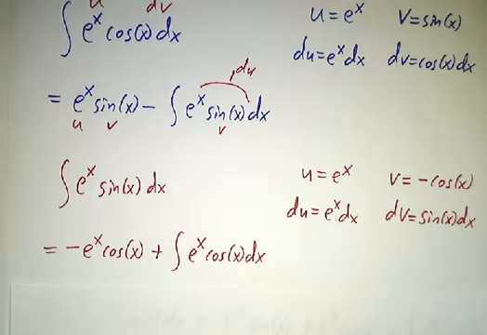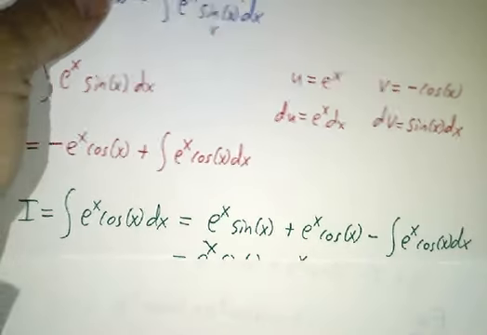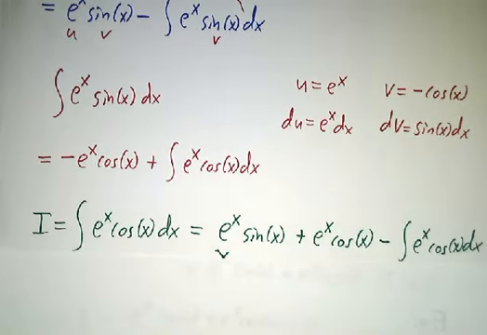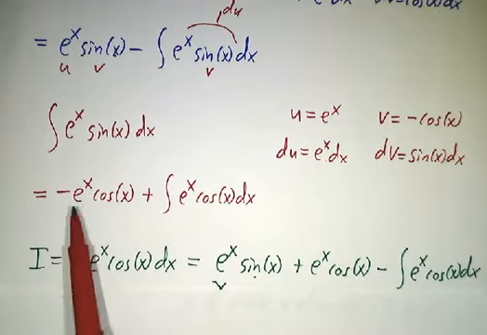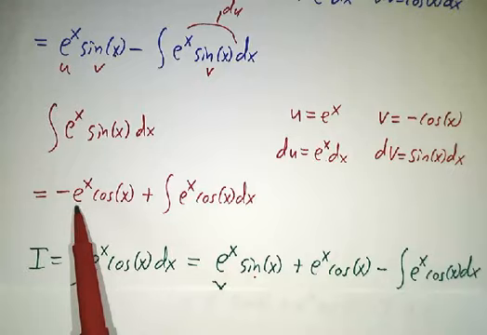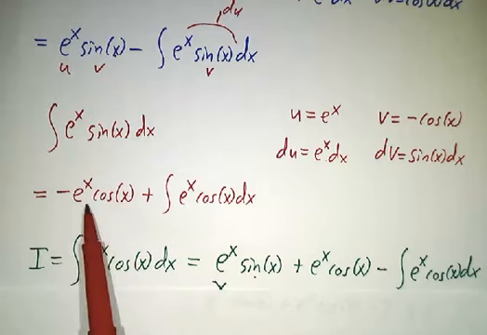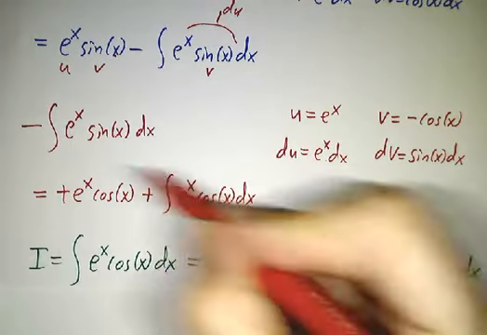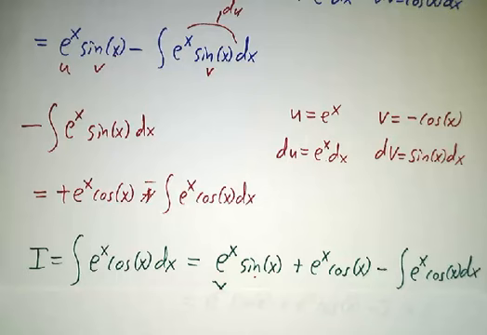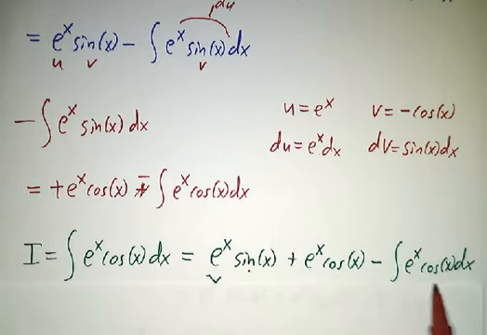So now let's combine our two equations. I'm going to call the first integral that I wanted I. That was e to the x cosine x dx. And we said that that was e to the x sine of x minus the integral of e to the x sine of x dx. But minus the integral of e to the x sine of x dx is e to the x cosine of x minus the integral of e to the x cosine of x dx.